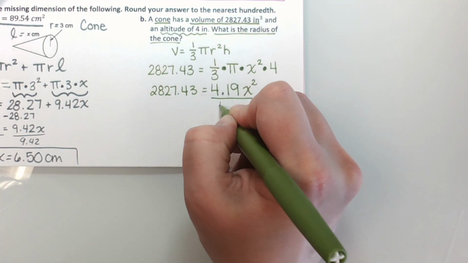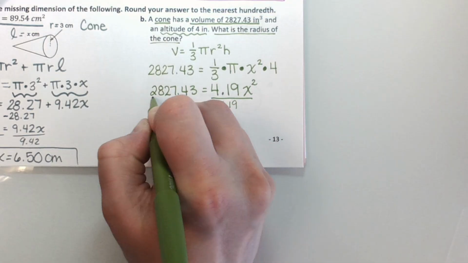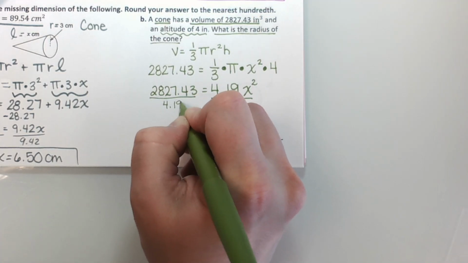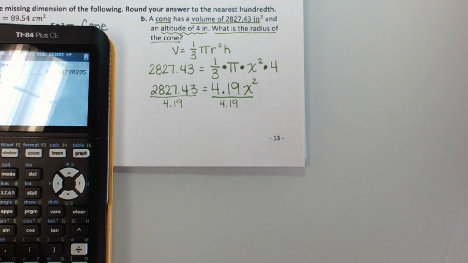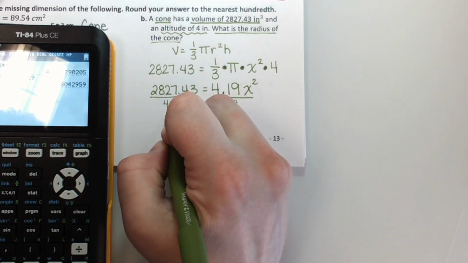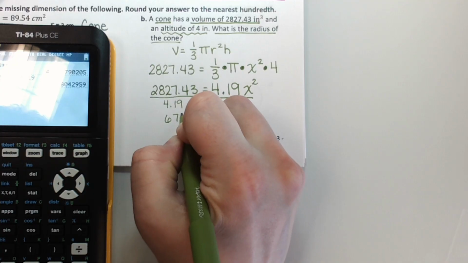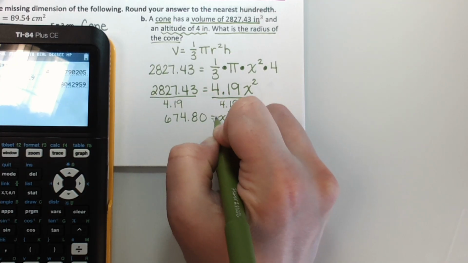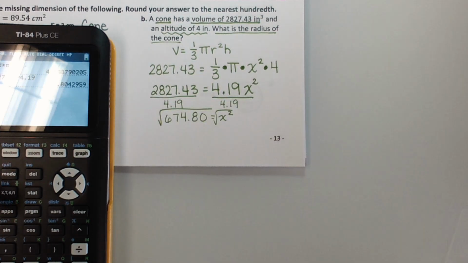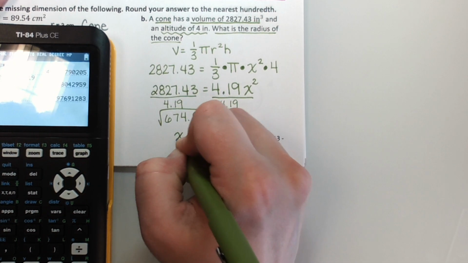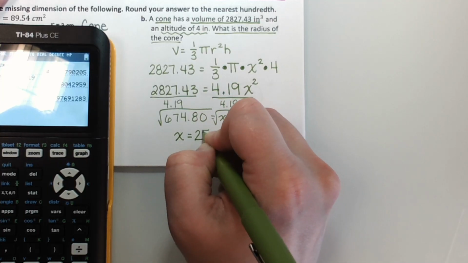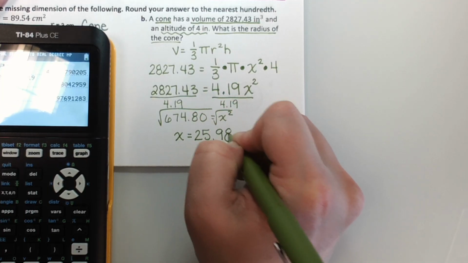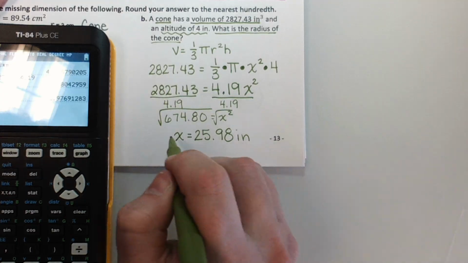You gotta get the squared part alone before you go taking square roots. 674.80 equals x squared, and then square root, yes. x will be 25.98, and it's a radius, so it's in inches.